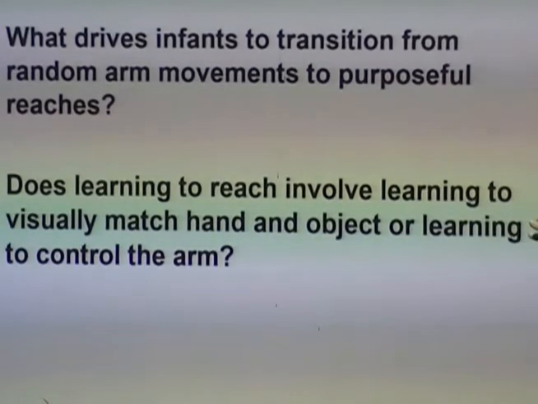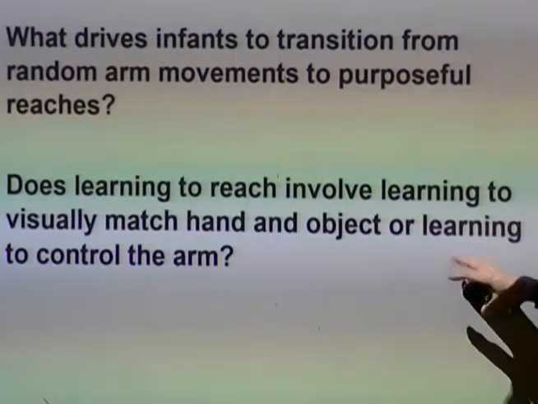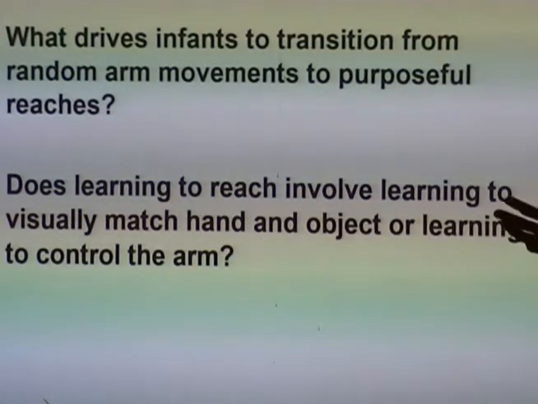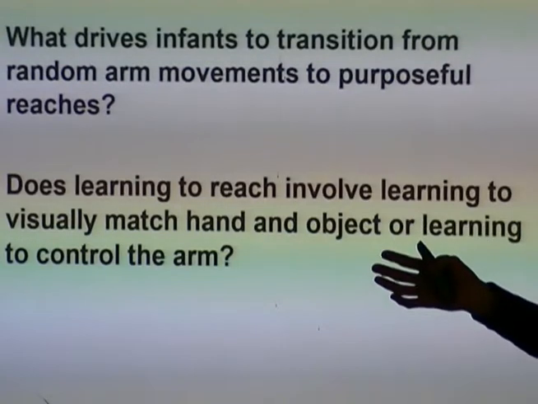So initially, what we think the brain is doing when it starts to voluntarily move the arm is learning to control the arm, right? So what did it feel like when you added an extra pound or 4 pounds to your arm? Did that change how you reach?